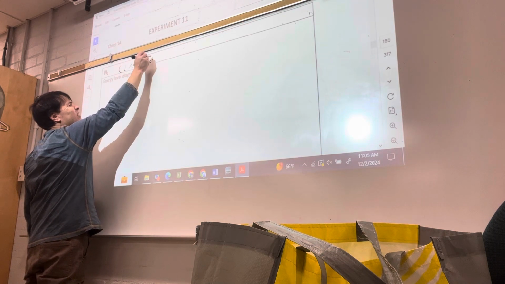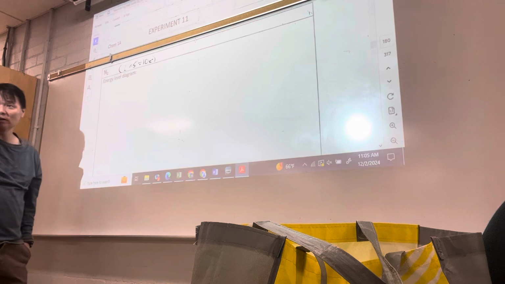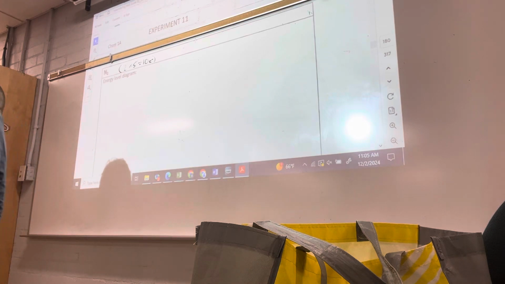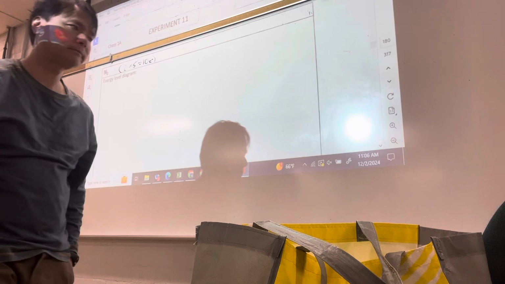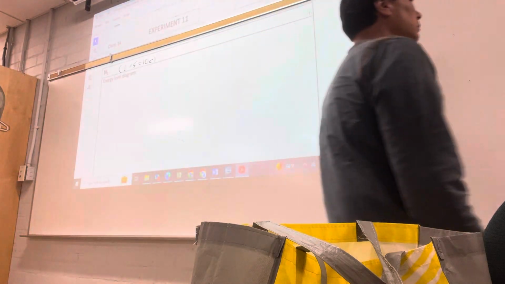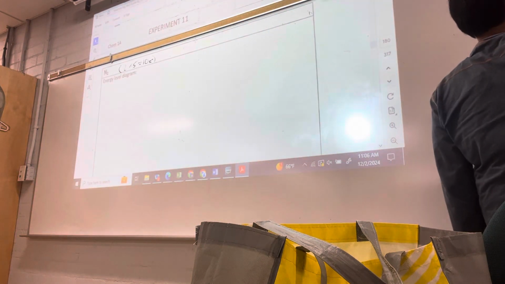This is 10 electrons total for the N2 molecule. These are the valence electrons. The valence electrons is where the bonding happens. This is where the chemistry happens. Not the core electrons. The chemistry doesn't happen there.